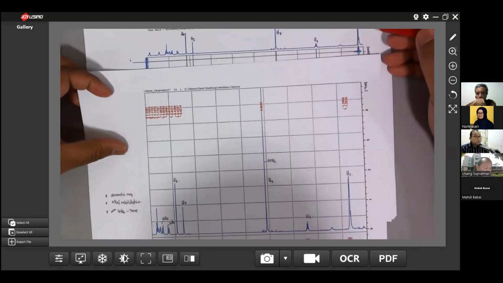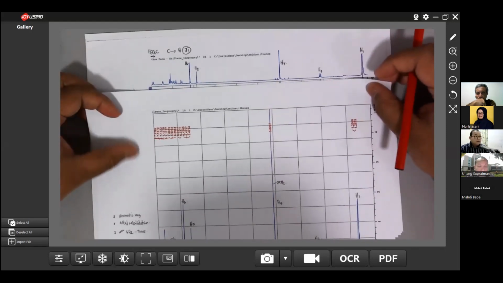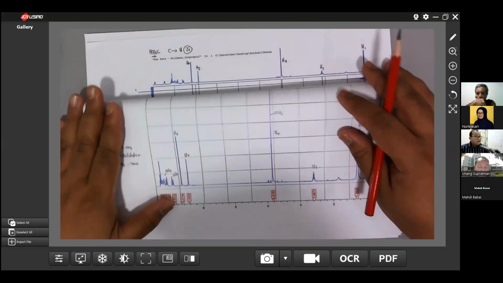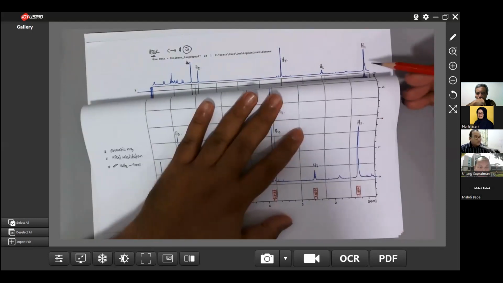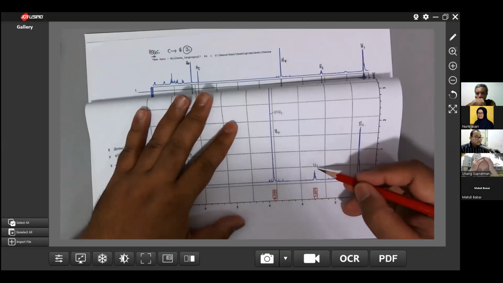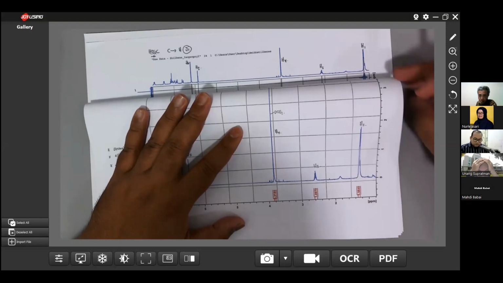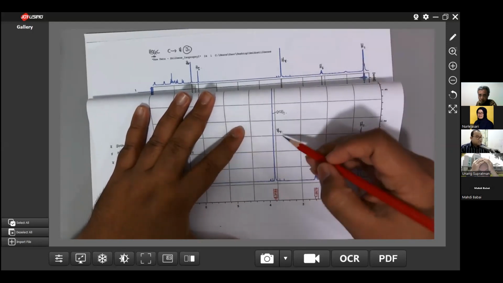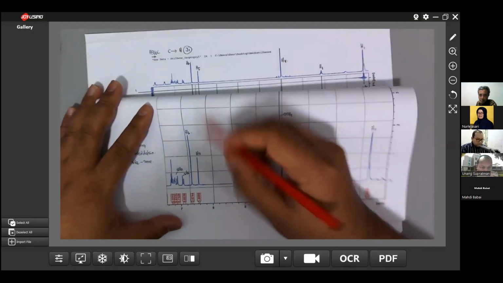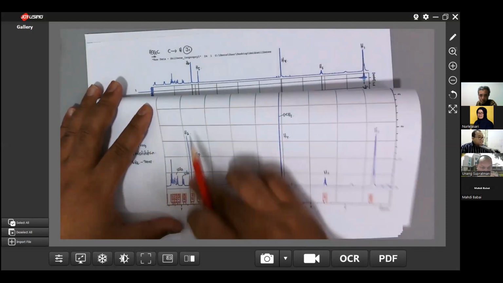The first one, this is proton number one, so you can label H1 here. This one is H3. Maybe there is some water peak around here. It's normal, because we are a humid country. This one is H number 4, this one is H number 5 and H number 6.